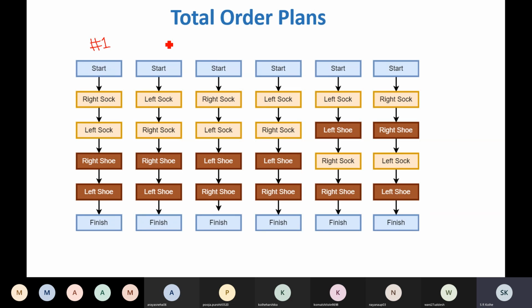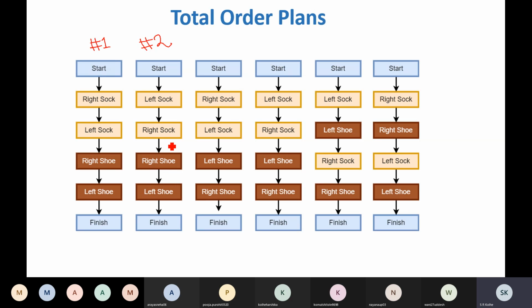The same thing can be done in another way. You first wear the left sock, then the right sock, then the right shoe, then the left shoe. What change have we made here? Instead of wearing the right sock first, we wore the left sock, then the right sock. Still you will be able to achieve the goal, that is, right shoe on and left shoe on will be true. This is the second way.